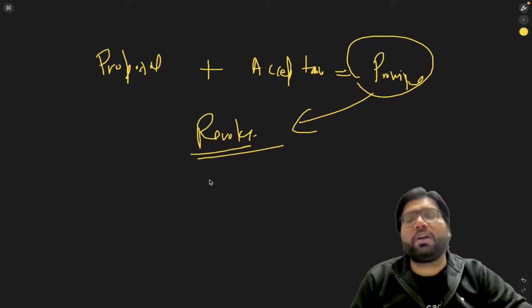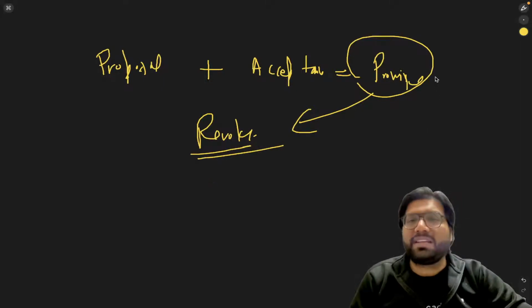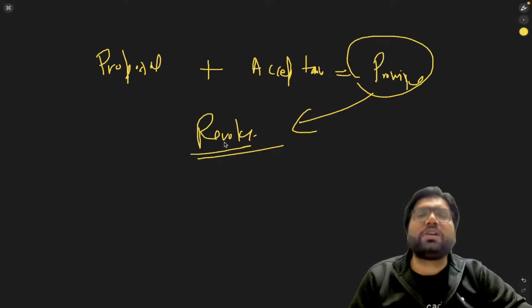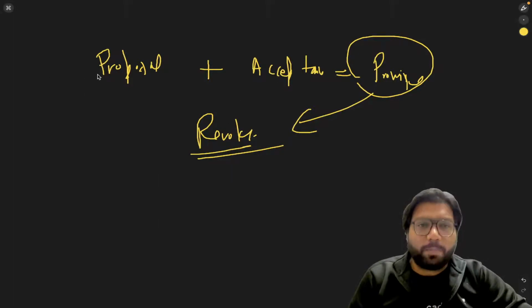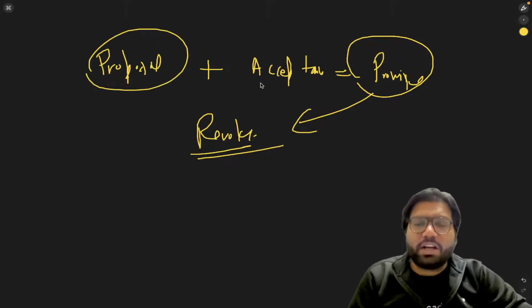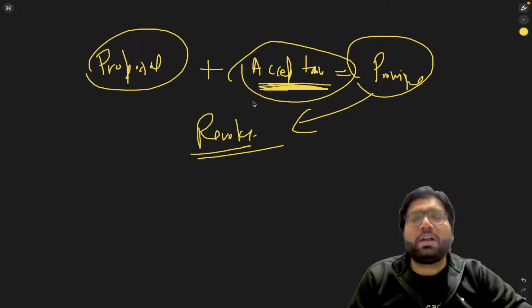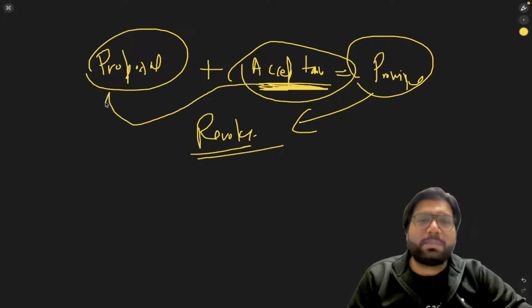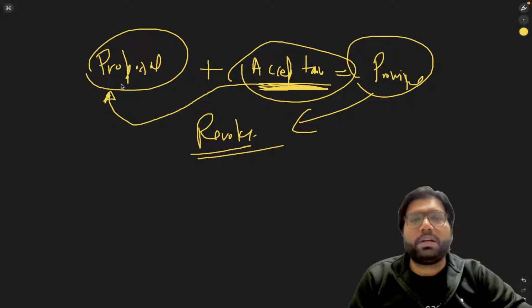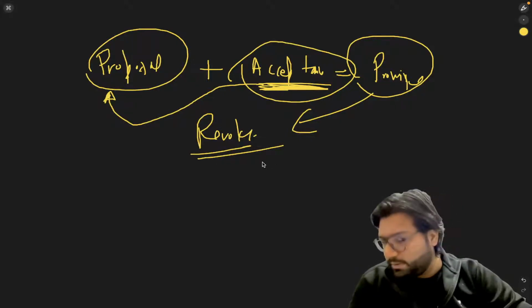Revocation will not take place after promise. Revocation will only take place for proposer if the communication of acceptance has not been completed, and acceptance can also be revoked if the communication of acceptance has not been completed against him. That's it.